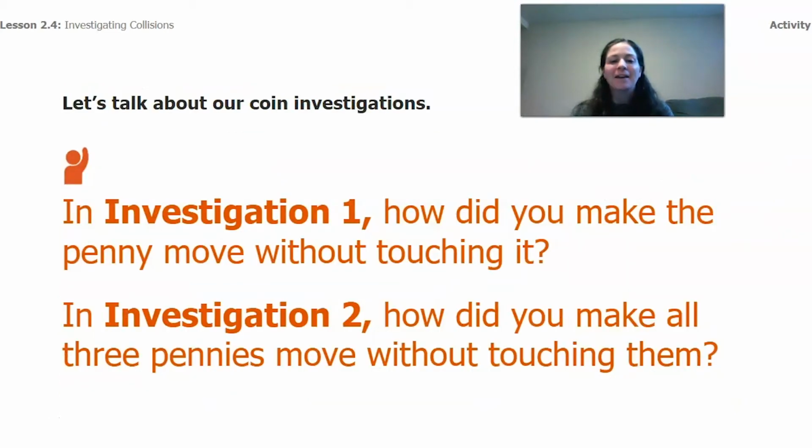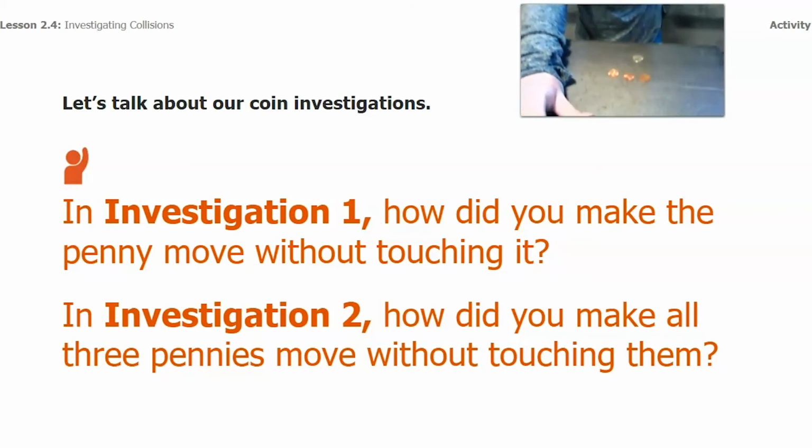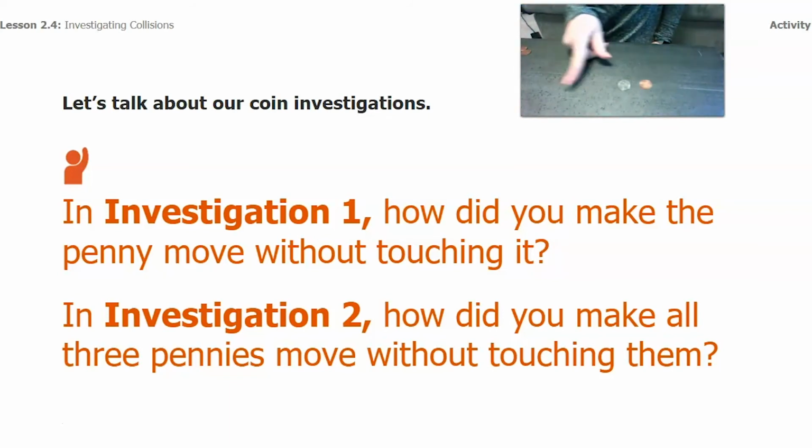All right, welcome back. So in investigation 1, how did you make the penny move without touching it? Let's see if we can show you what I have here. For me, what I did was I pushed my nickel into my penny. And that's how I made it move without touching it. Investigation number 2, how did I make all 3 pennies move without touching them?